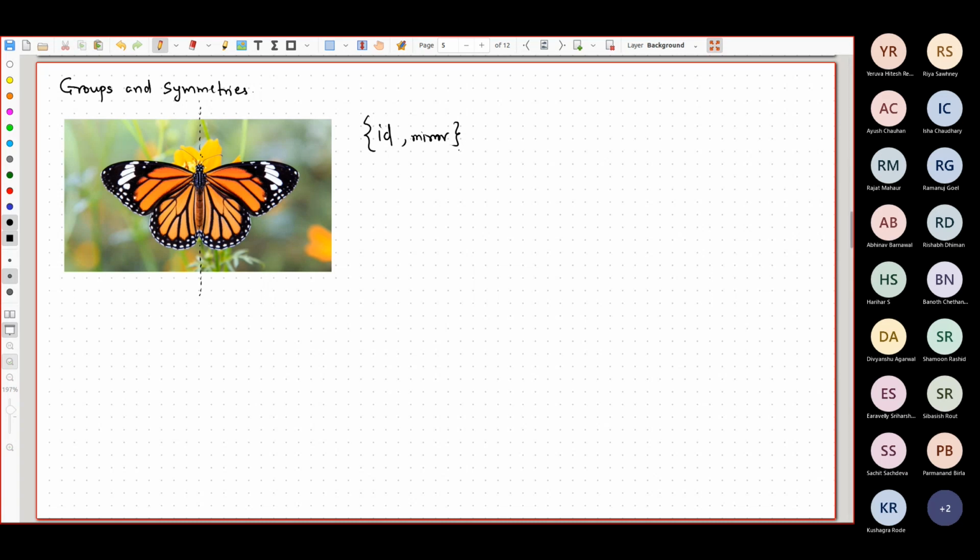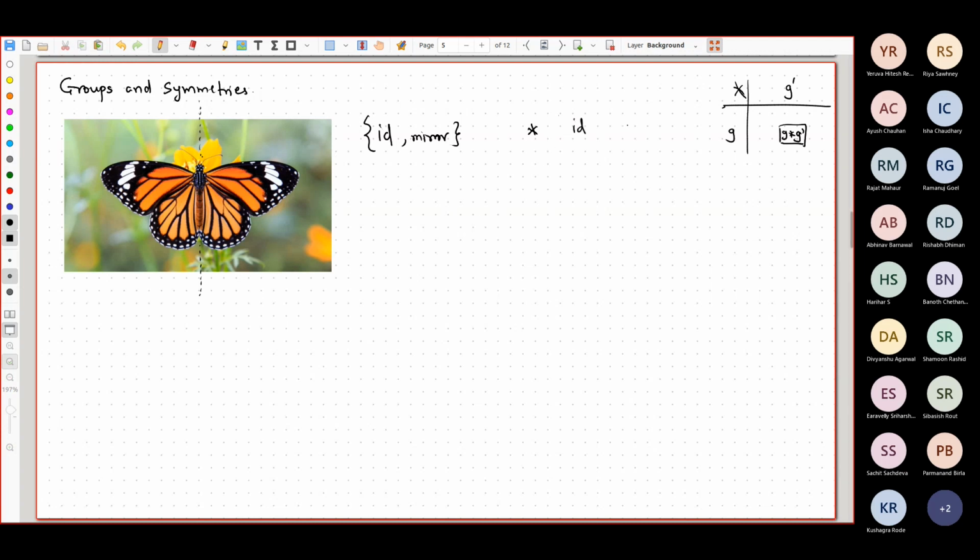Right, so this is our set and our group operation is going to be the following. Let's call the star the group operation. One way of specifying a group operation is to specify it by a table. If I draw this kind of a table, this is the group operation star. If I have a row corresponding to a group element G and a column corresponding to group element G prime, then I can put an entry over here, which is G star G prime. So in general, this is one way of representing at least finite groups, if not infinite. So what is the group operation over here?